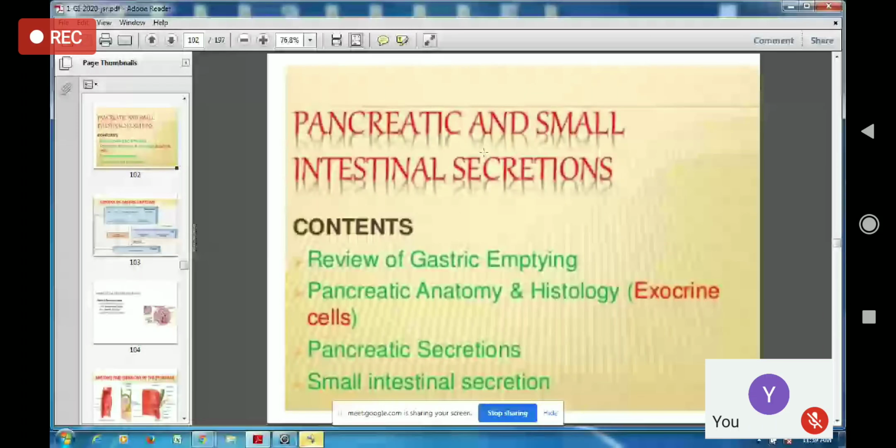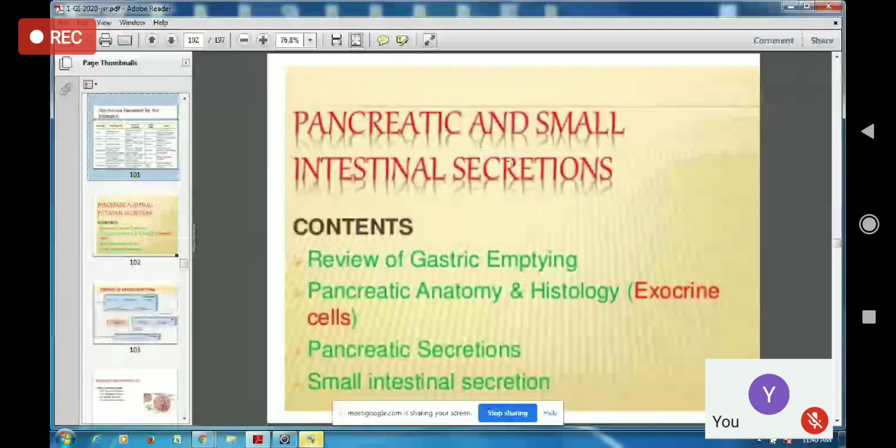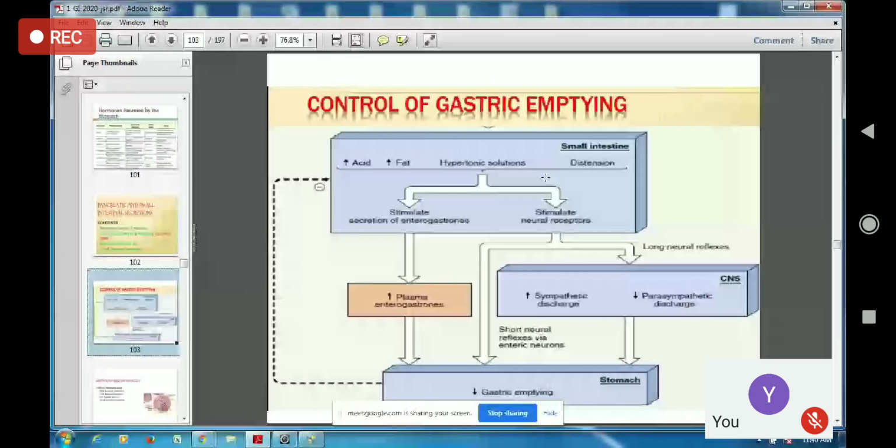So what are the factors which control gastric emptying? We need to study. The control of gastric emptying consists of these factors. In the small intestine, whether there is increased acidity, whether there is increased fat content, or whether the solution there in the small intestine is hypertonic.